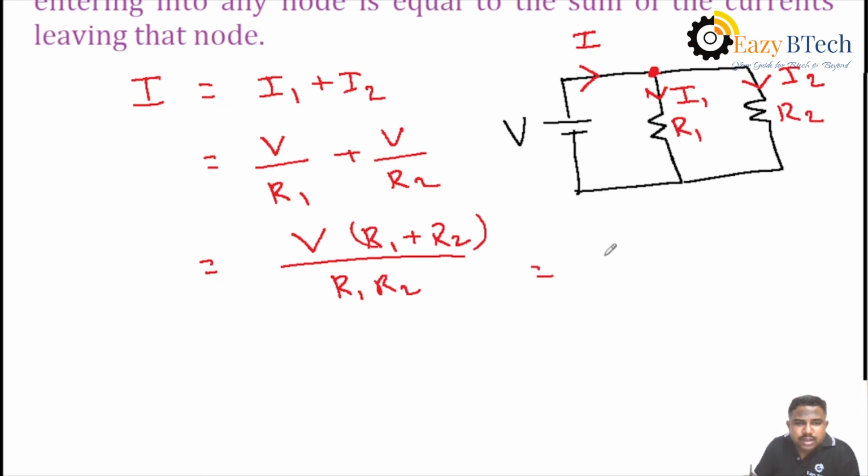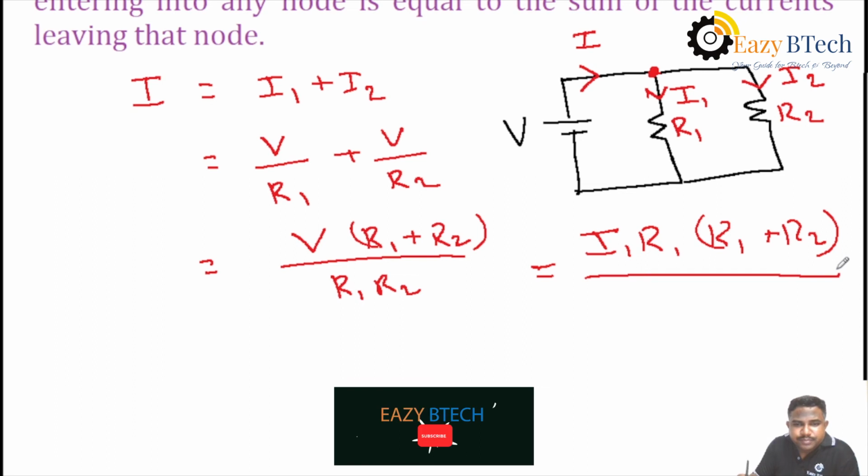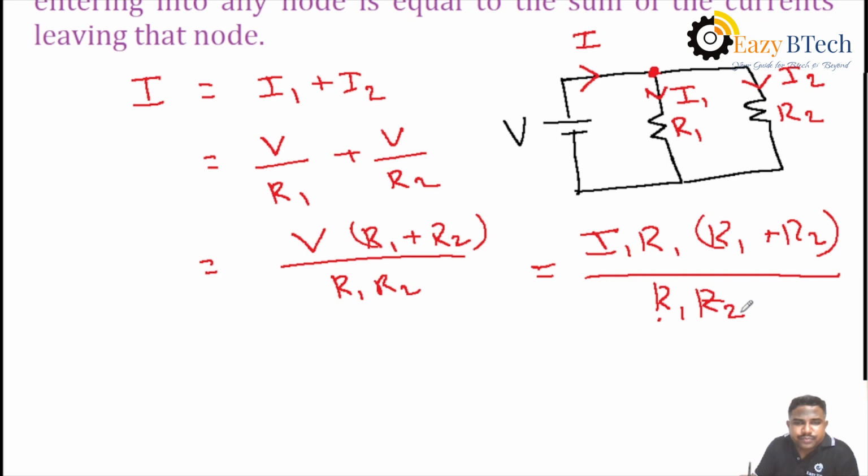Then here we already know the value of V. Suppose we take the voltage drop across R1, that is I1 into R1. Then R1 plus R2 by R1 into R2. Then in the numerator and denominator, R1 will be cancelled.